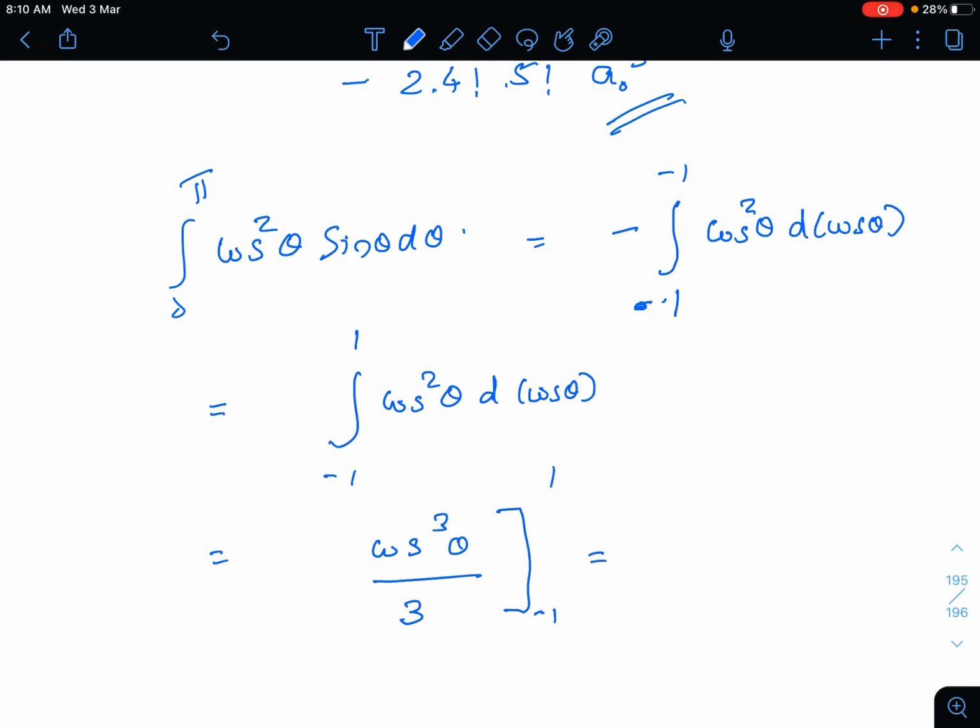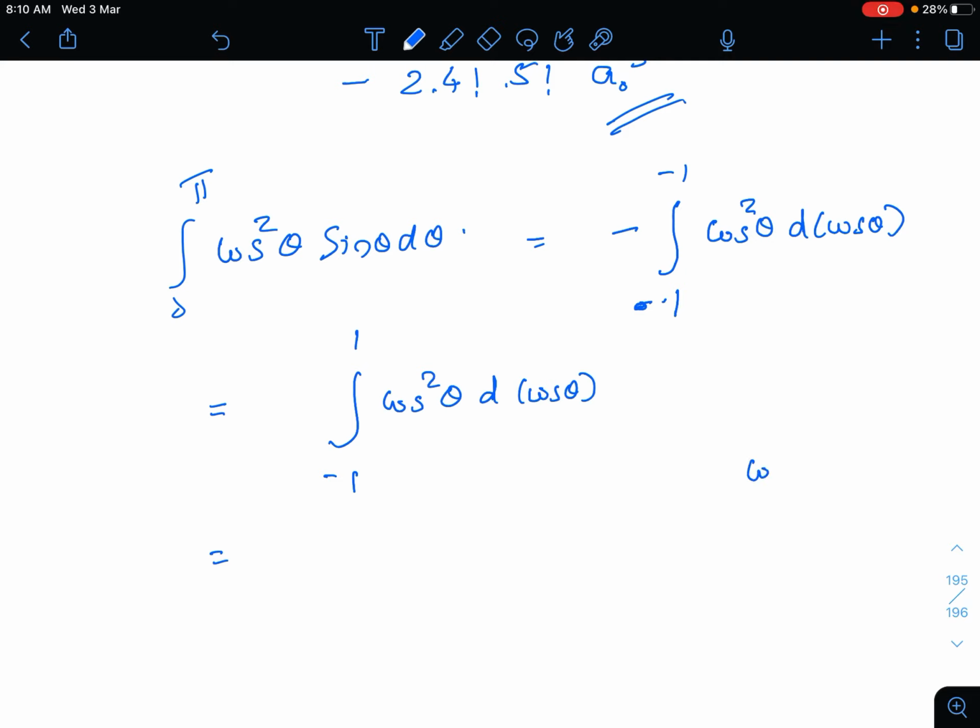To avoid confusion, if you want, put cos theta equal to u.